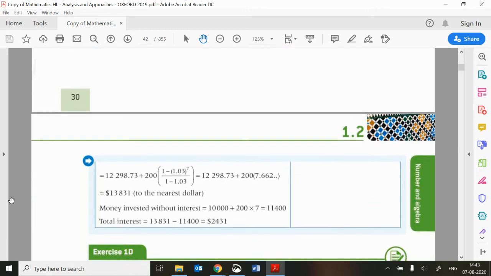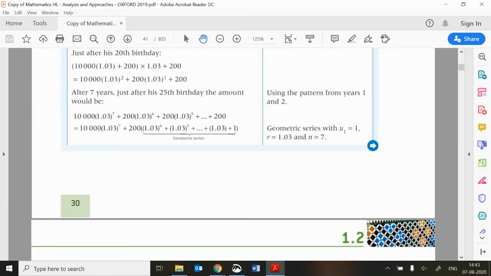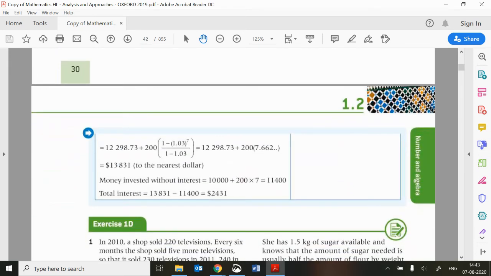I like what they've written in the first equals line there, where they talk about geometric series underneath. And yeah, so they've got exactly the same thing here. We've got the $12,298.73, and then the summation of the geometric series is happening just after that, the plus 200 times the thing inside the brackets.